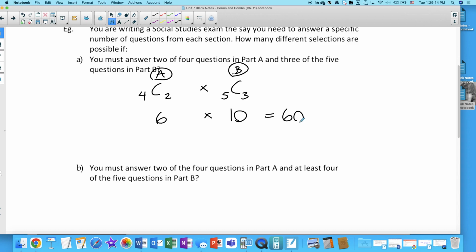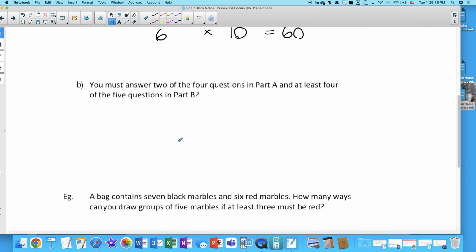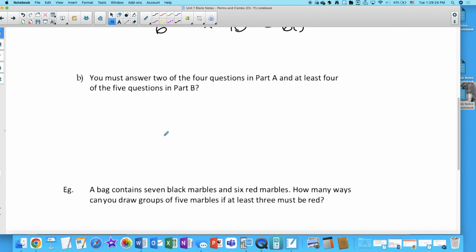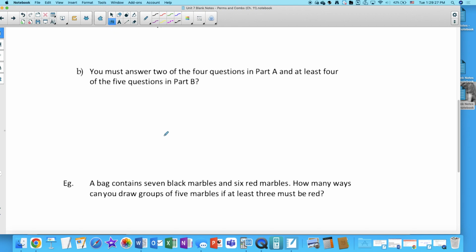Okay? B, you must answer 2 of the 4 questions in part A and at least 4 of the 5 questions in part B. Is this a case scenario? Yes. Because you could answer 4 questions in part B, or you could answer all 5 questions in part B, right?